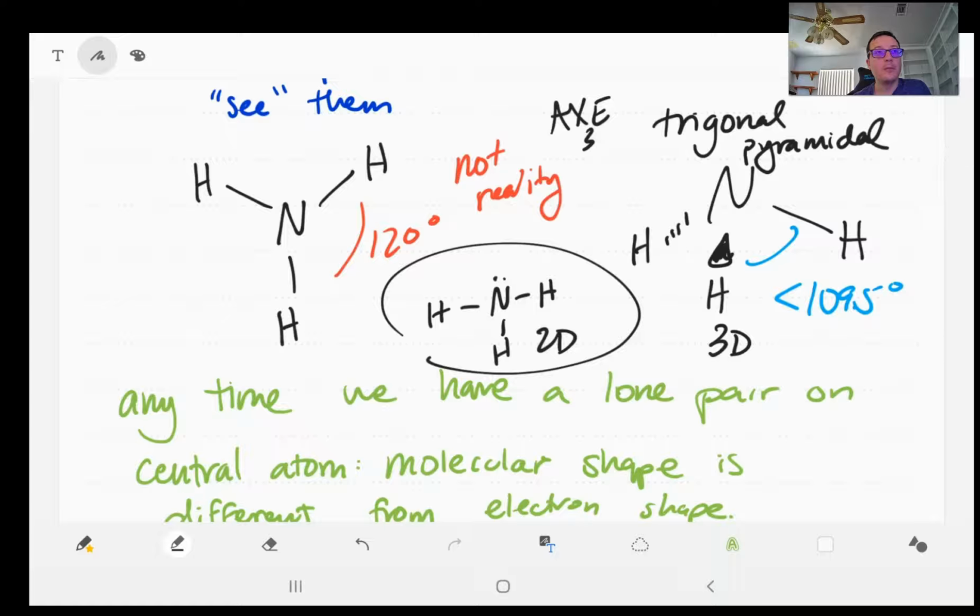So there is going to be some correlation of recognizing these patterns of when we get certain molecular shapes. It's all just dependent on how many lone pairs we have on our central atom. If it's 0, your electron and molecular are the same. If you have one lone pair, that'll change it. If you have two lone pairs, it changes. Any number of lone pairs, you'll change your geometry. So there is that difference there.